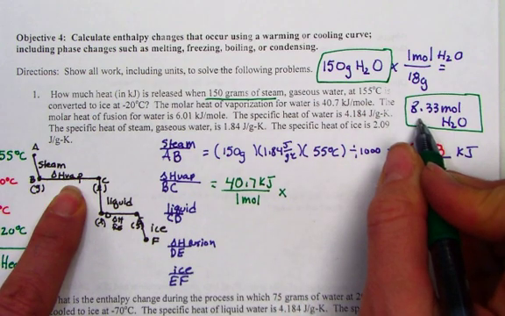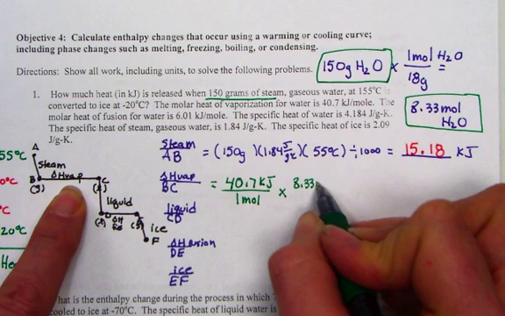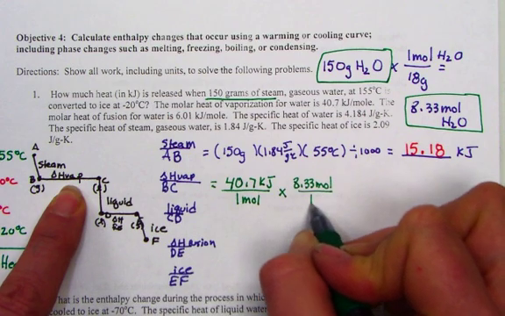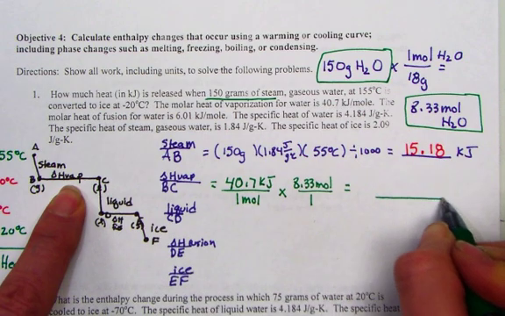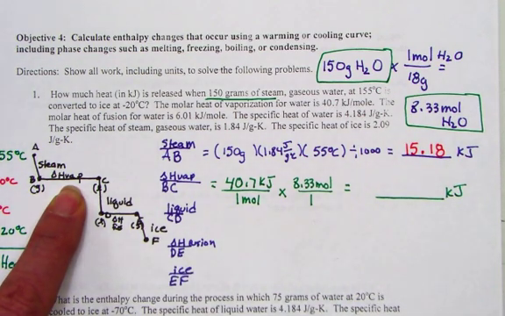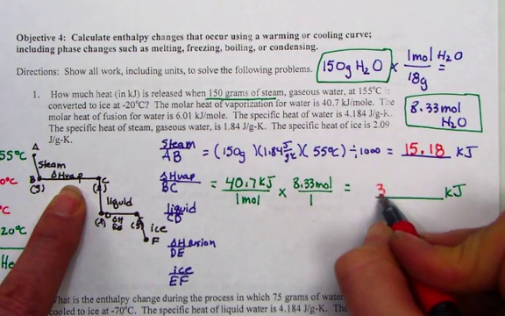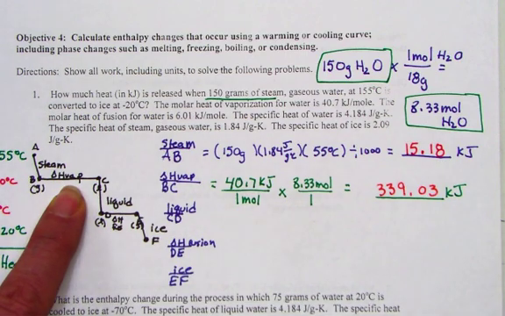The number of moles we are using we calculated earlier, 8.33 moles, and you can just set that over a 1 so you can see how the moles have canceled. We'll calculate that and already be in a kilojoule of energy. 40.7 times 8.33, my calculator reads 339.03 kilojoules of heat.